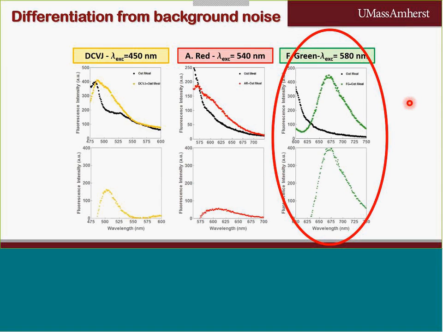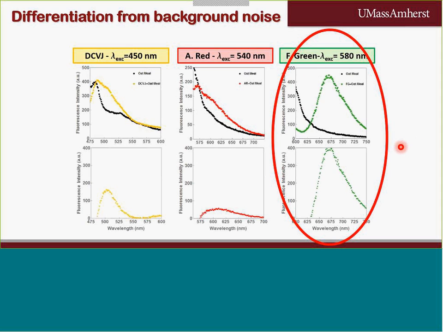This particular probe, fast green, has an excitation wavelength of 600 nanometers, which is considered far red. In most foods, autofluorescence is elicited when we use UV light. So exposing this probe to red light provides an appropriate differentiation of the probe emission in relation to the autofluorescence of the food.